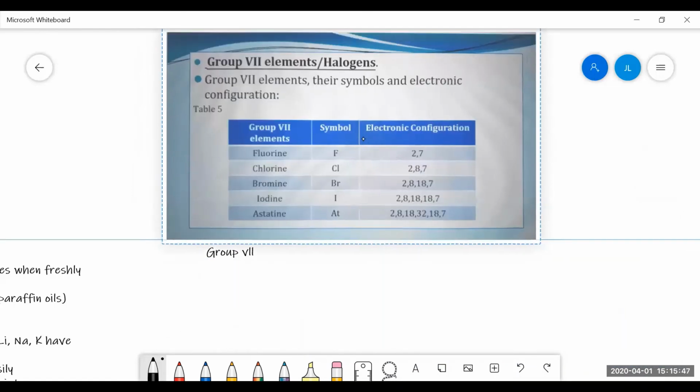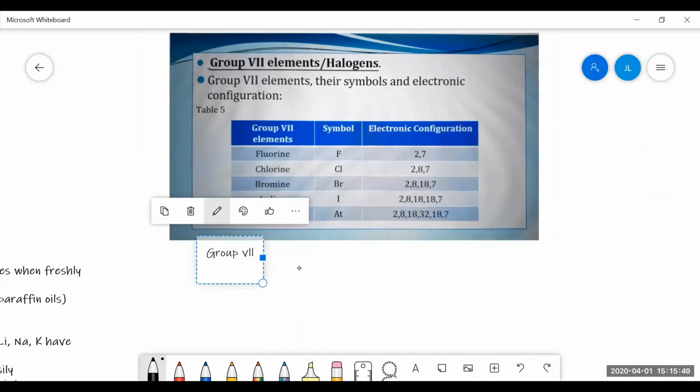So first of all, it is known as halogen.